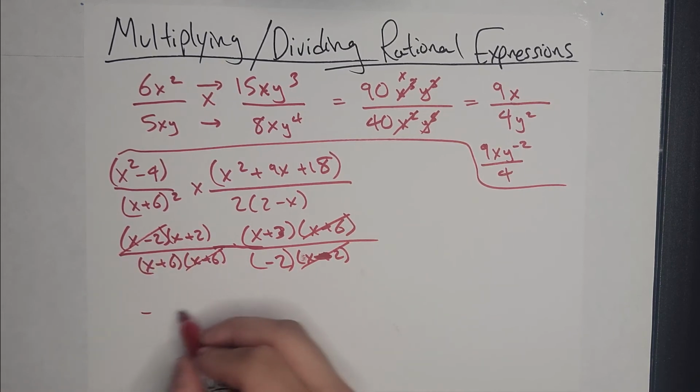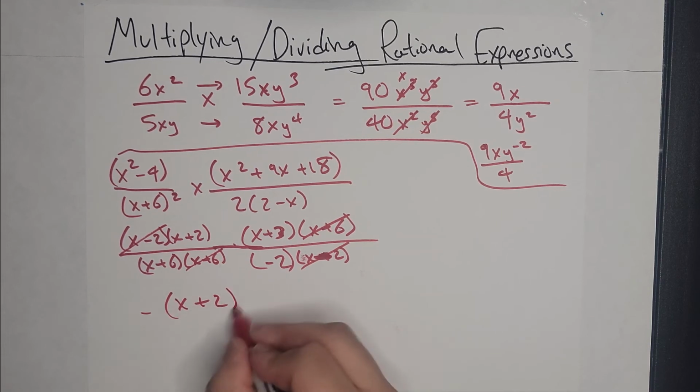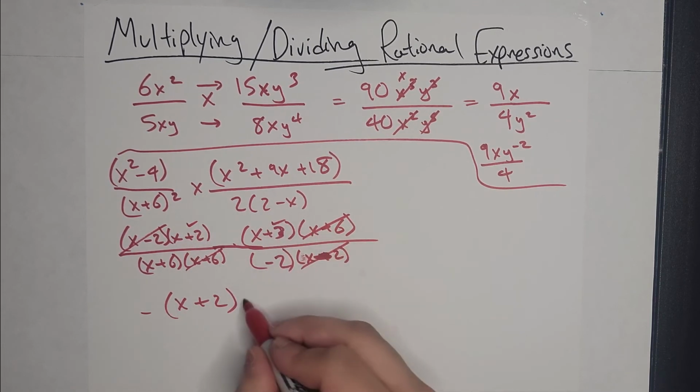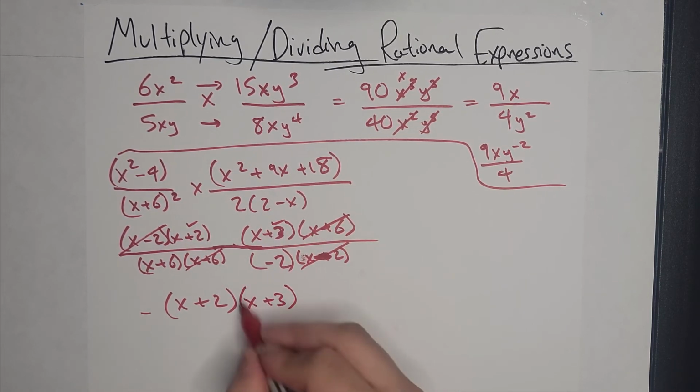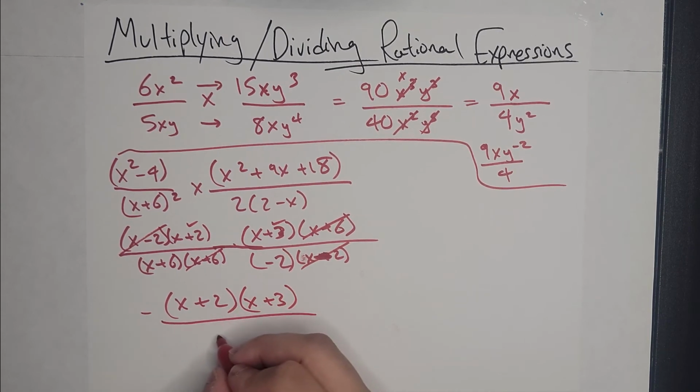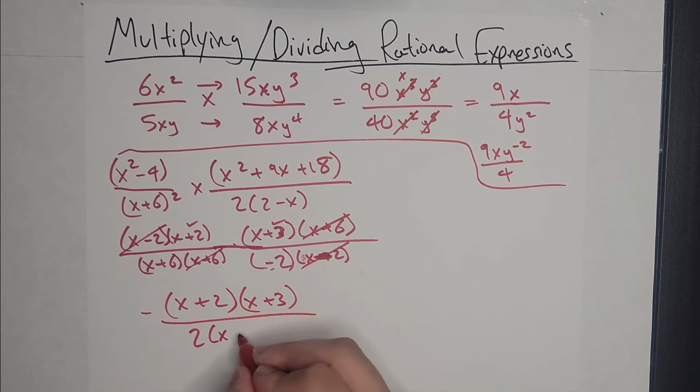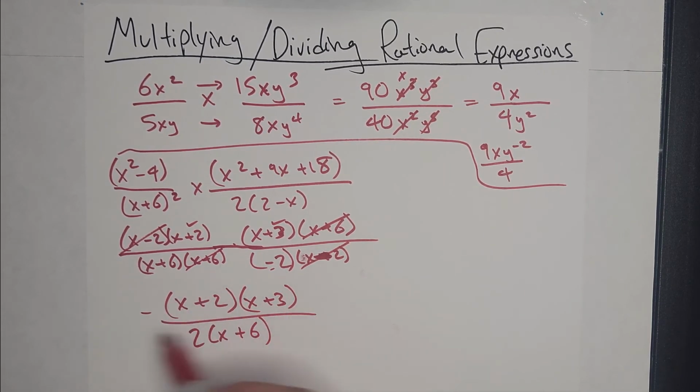So I can write negative x plus 2. I'm left with this one, x plus 3. And in the denominator, the 2 is still there, x plus 6.